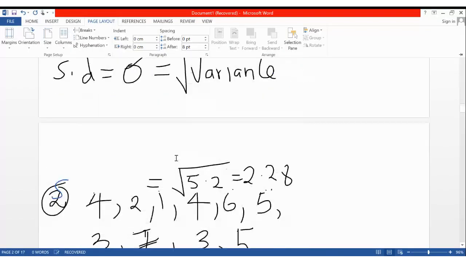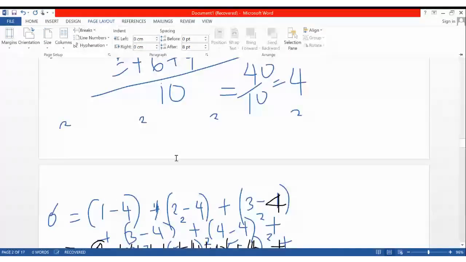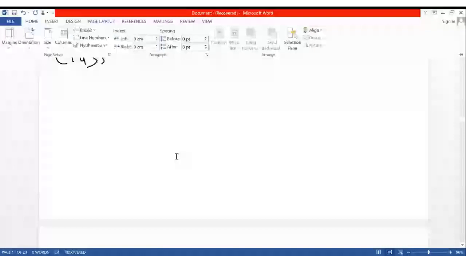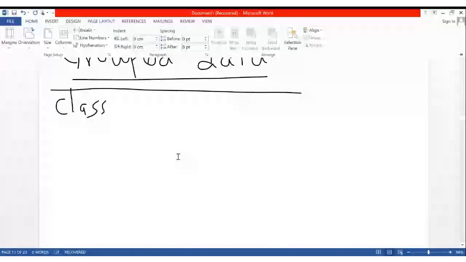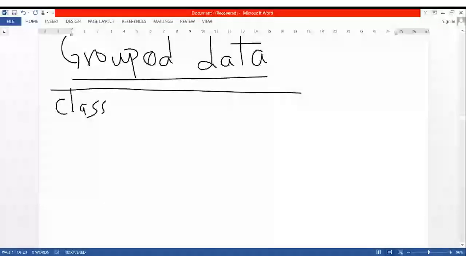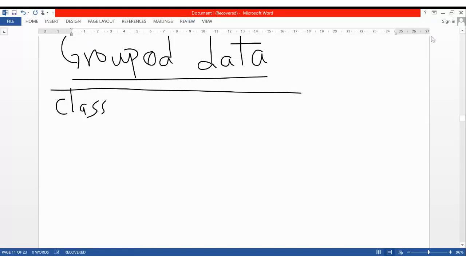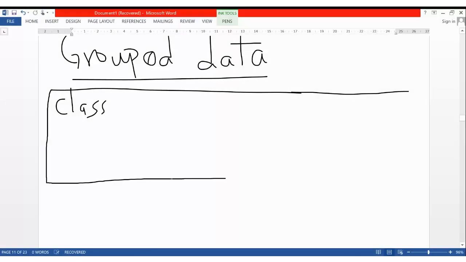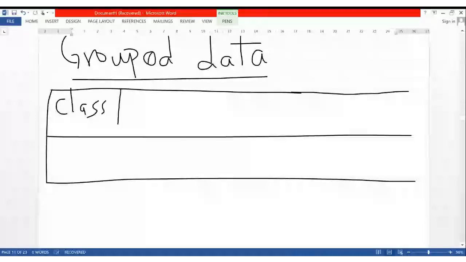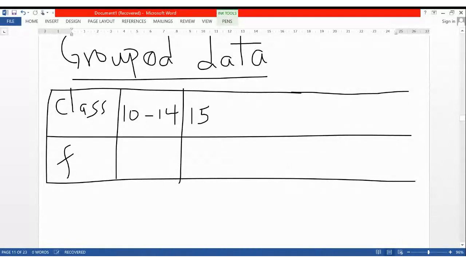So the class, our frequency, and I have 10 to 14, 15 to 19, 20 to 24, 25 to 29, and then 30 to 34.